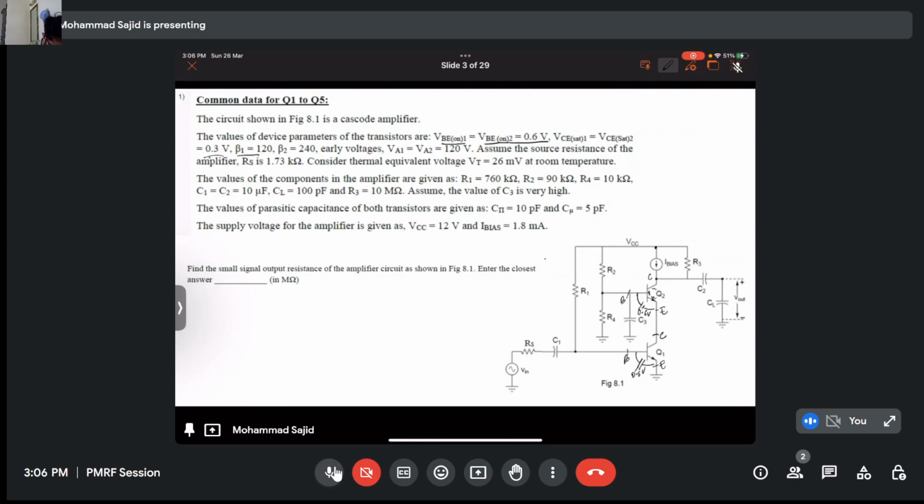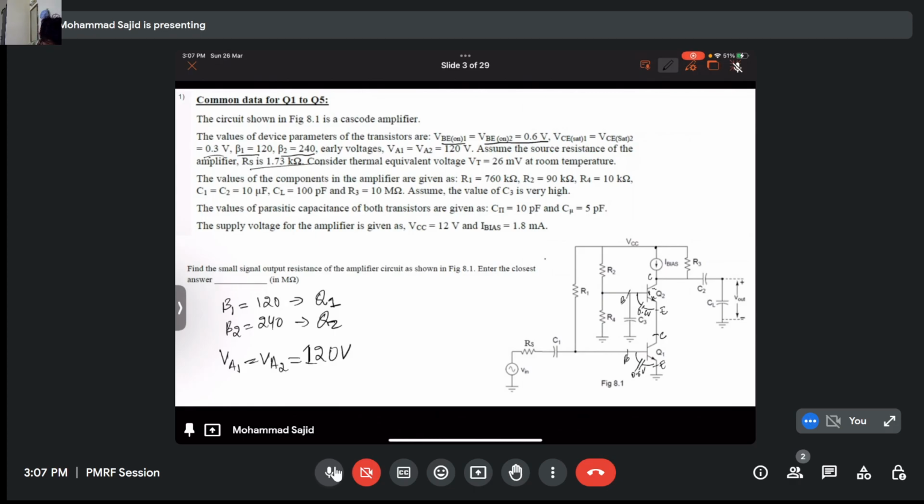Also, beta 1 and beta 2 are given. Beta 1 is 120, that is for Q1, and we have beta 2 equal to 240, that is for Q2. Also, early voltages are given, 120.